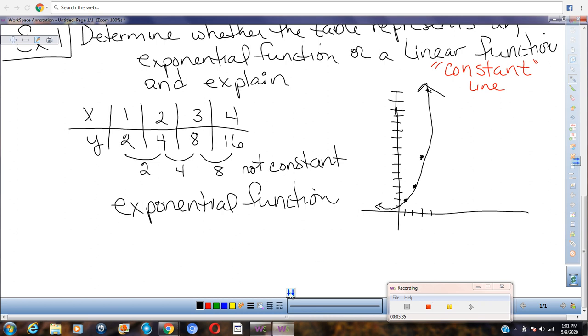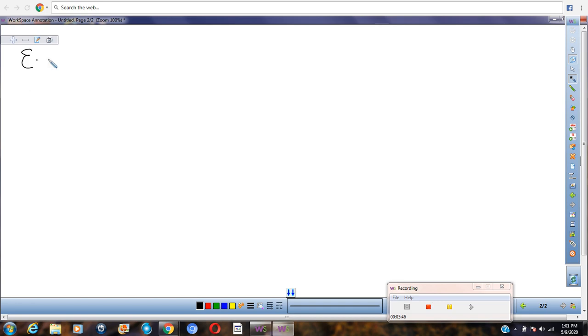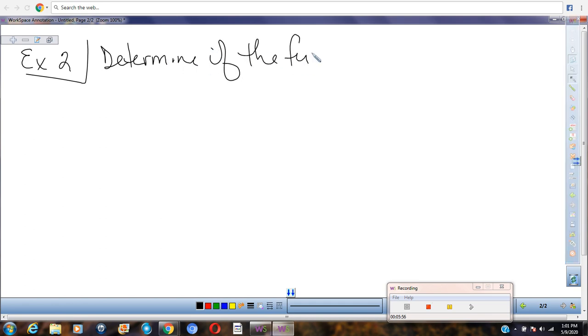How about example number 2? In this one, let's determine if the function is exponential, and we're going to look at the rule this time.